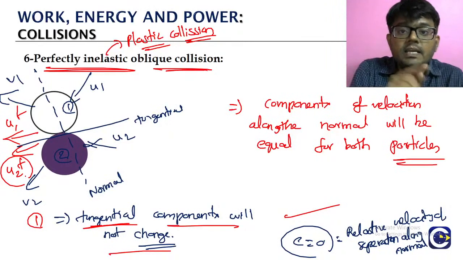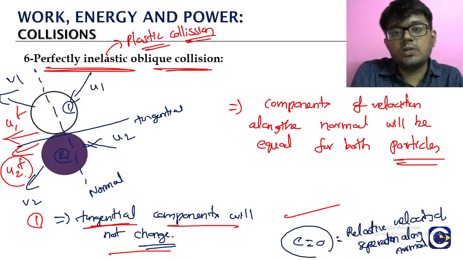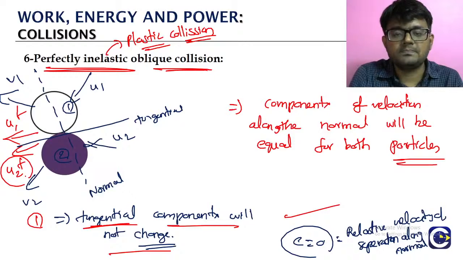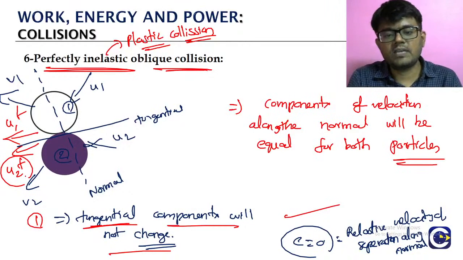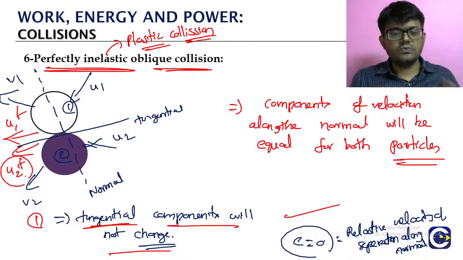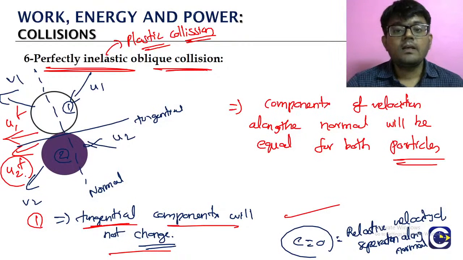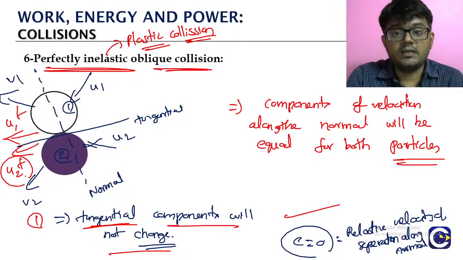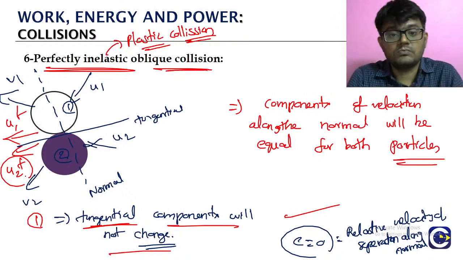In the inelastic case E is between 0 and 1, in head-on as well as in oblique. For perfectly inelastic, E is 0 in both cases. But the moving together condition will not hold for all perfectly inelastic oblique collisions. In some cases it will happen: when the tangential components of velocity of the particles are the same. Only then does the moving together condition arise.